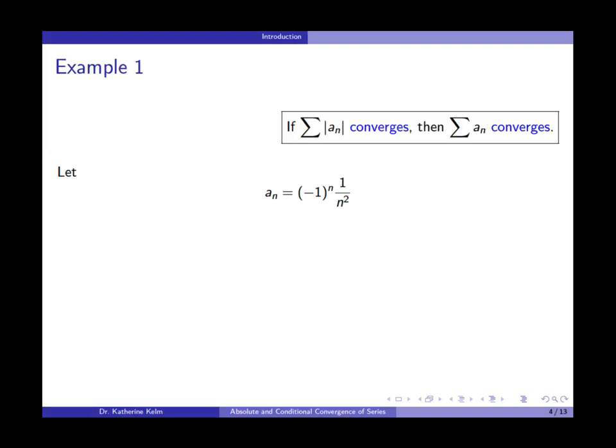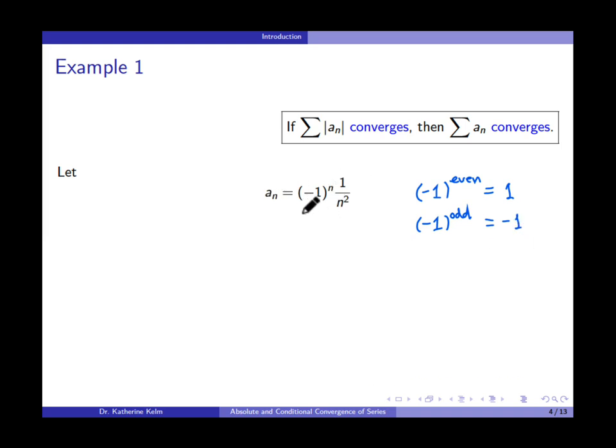Let's take a look at an example. Let a_n be (-1)^n times 1 over n squared. The (-1)^n is an alternating factor. When n is even, (-1)^n is 1, whereas when n is odd, (-1)^n is -1.